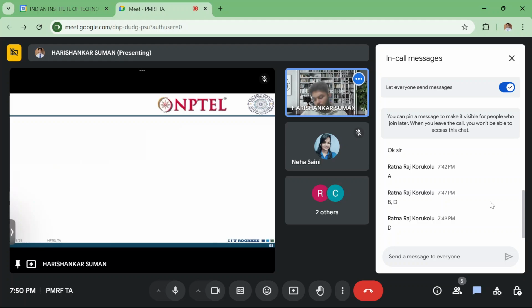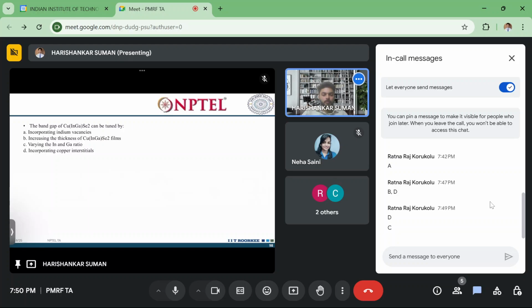The band gap of copper indium selenide can be tuned by. Yes, please answer. Okay. Indium-gallium ratio.